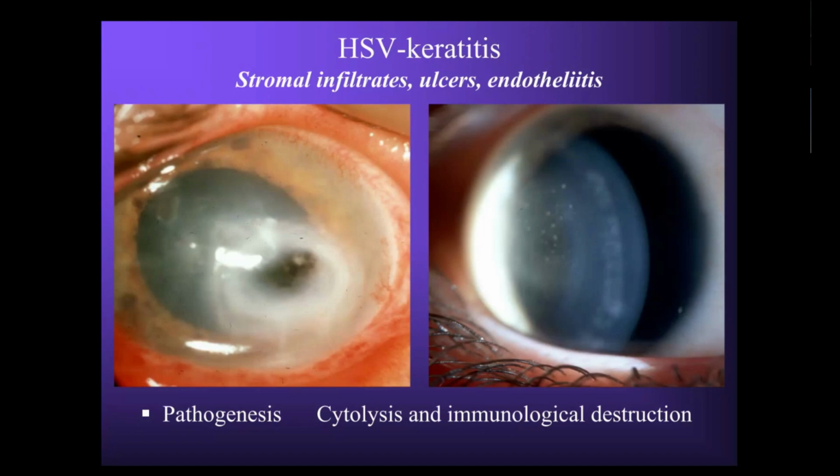And the precipitates you see on the endothelium, these are lymphocytes. Again, immunological response. And that is the reason why, in contrast to the dendritic keratitis, we not only have to perform therapy regarding the virus, but also therapy regarding the immunological response.